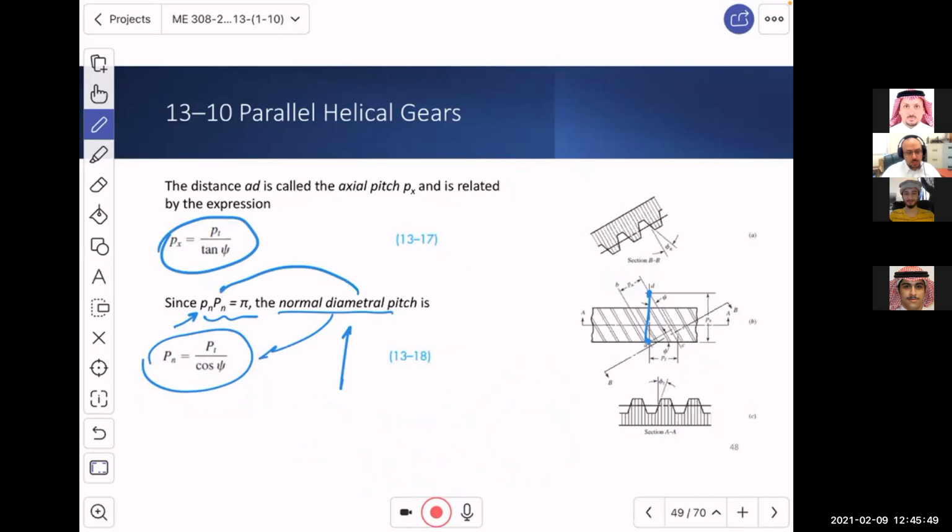What is important right here is that we just want you to understand a little bit of these terms, and then we will see how they impact the design, the selection and sometimes the force analysis for the gears.